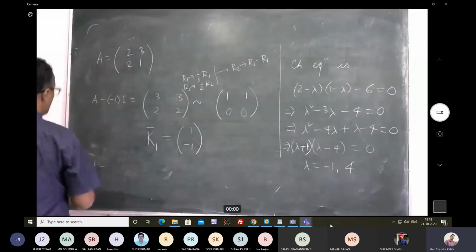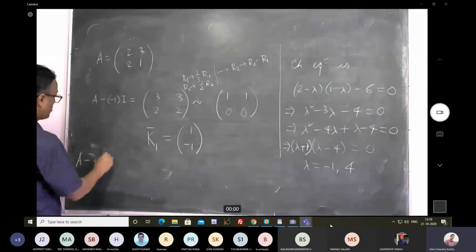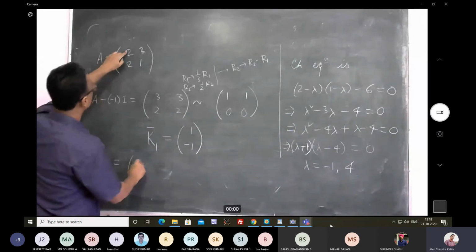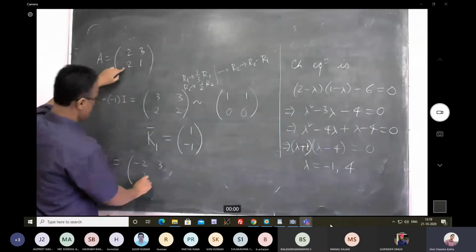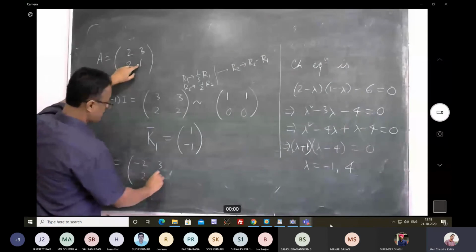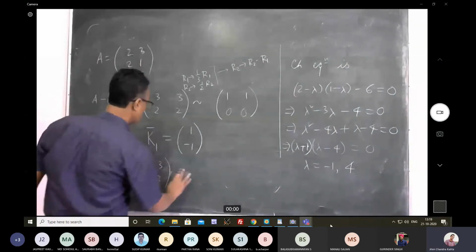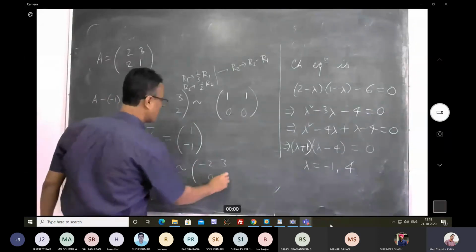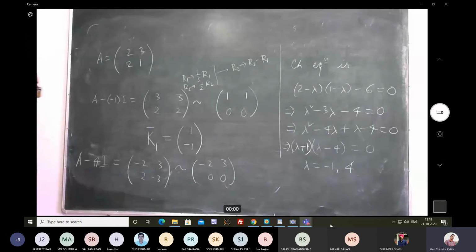Okay. So now A minus 4I is going to be 2 minus 4, minus 2, 3, then 2, 1 minus 4. Again, you know that this is going to be equivalent to 0, 0. You can obtain it simply by R2 is R2 plus R1.